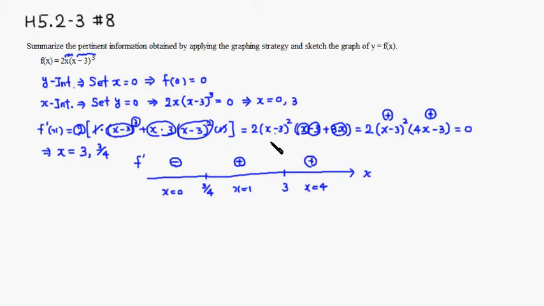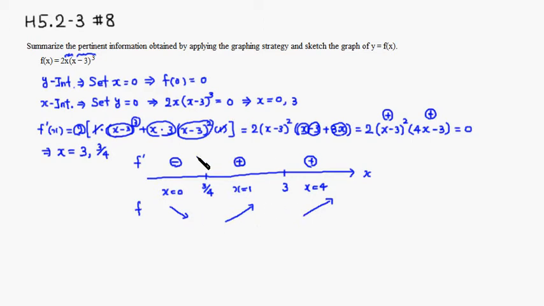All right, so you can see that the original function is decreasing here, then increasing, and gets flat and increasing again. Which means that you're going to have a local minimum here, but this is going to be neither.